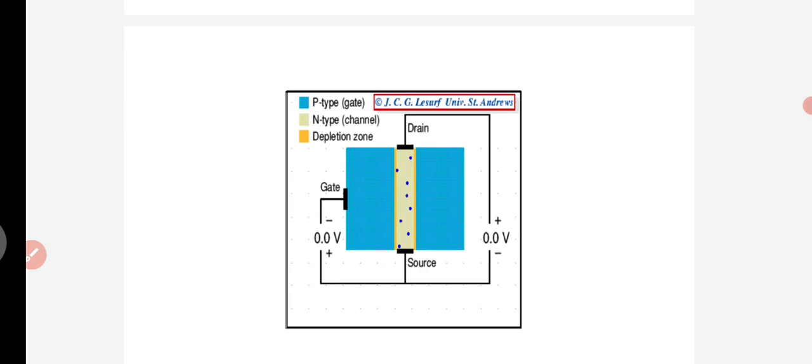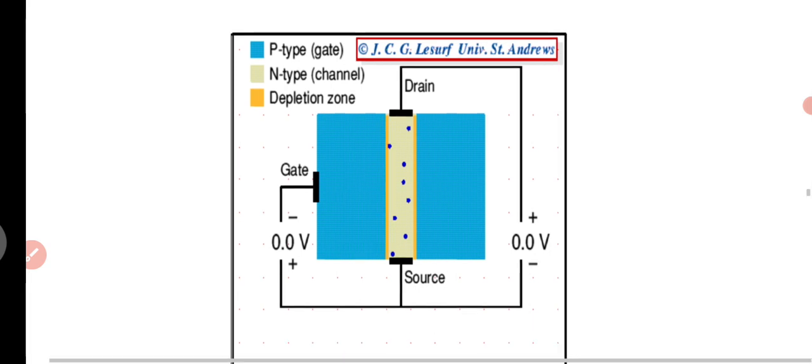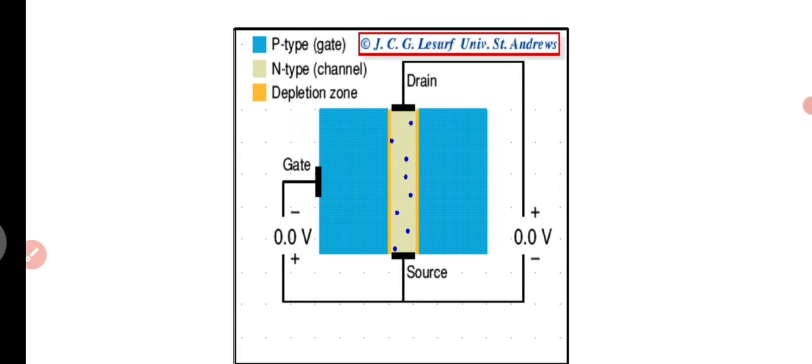So this will be equal to our N channel JFET. Briefly, for N channel JFET we can consider a P type substrate, and we can make an N channel. Upon this N channel we can draw two terminals, one is drain and the other is source. At the P type substrate we bring another terminal, that will be called as gate.